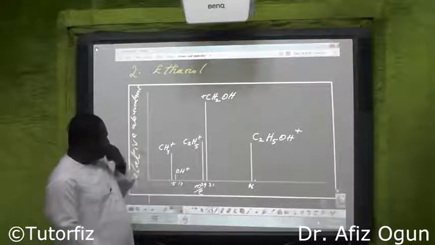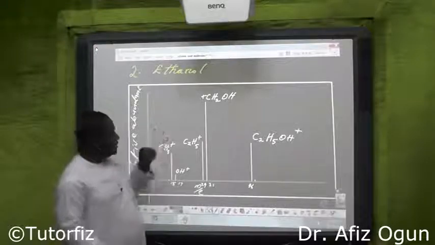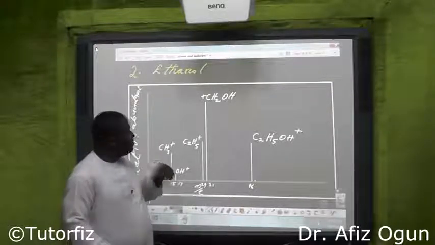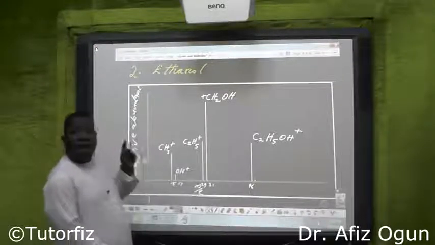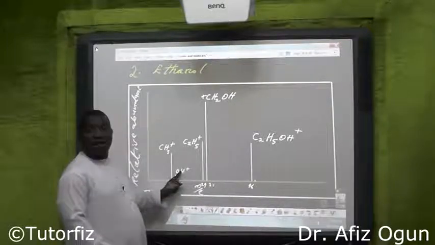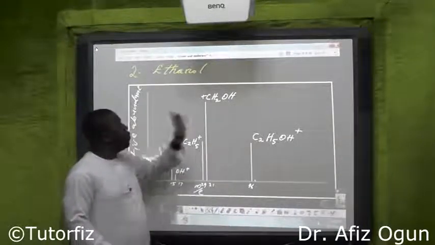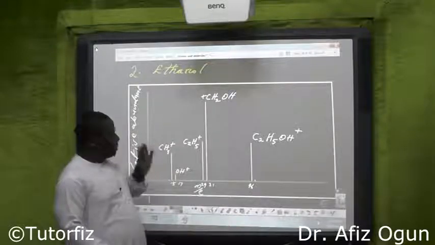And it has OH. Look at possible combinations of these that will give you 46. And OH must be there, because OH means it's an alcohol. So look at possible combinations with the OH always present that will give you 46.